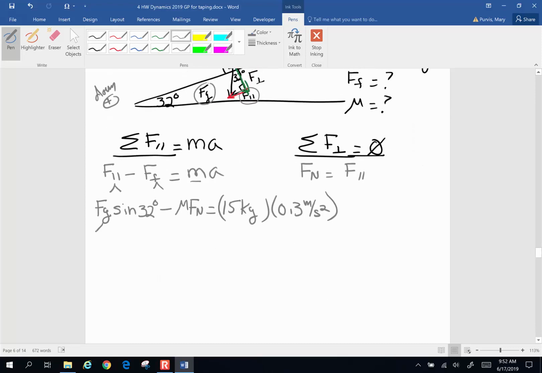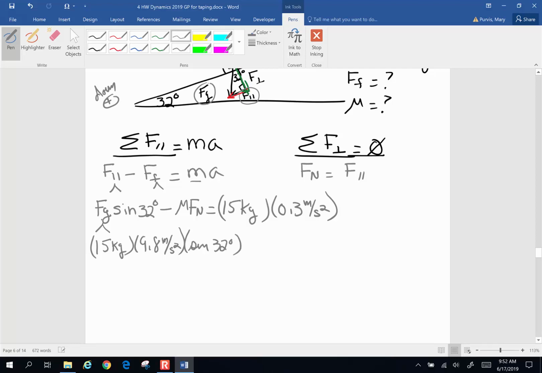Force of gravity, I know, is mass, which is 15 kilograms, times the acceleration of gravity, 9.8 meters per second squared, times the sine of 32 degrees.